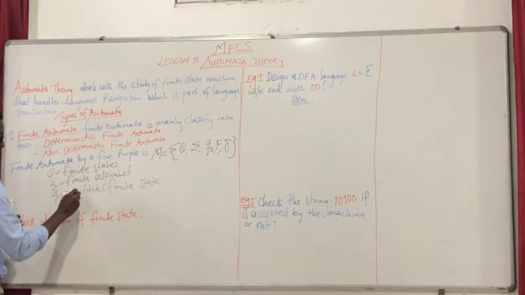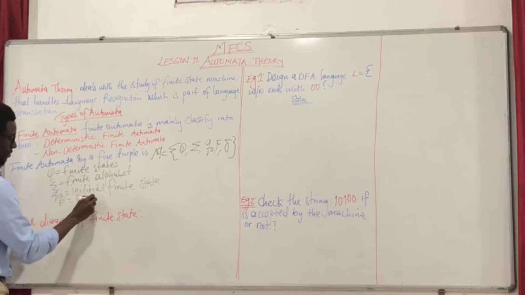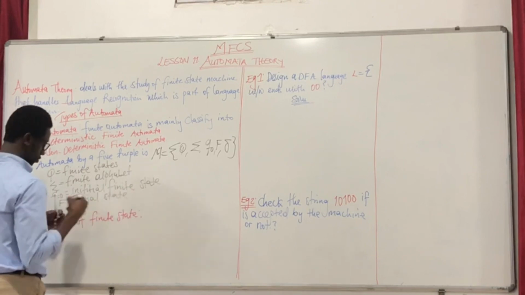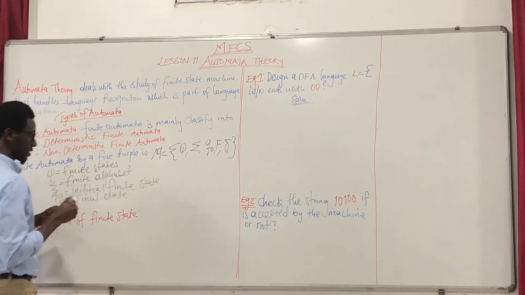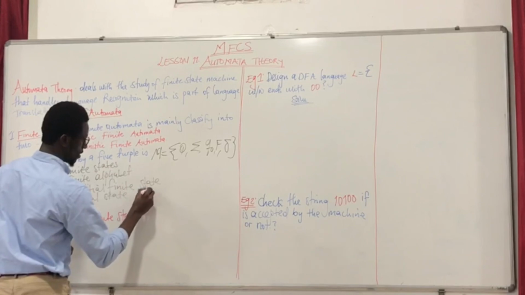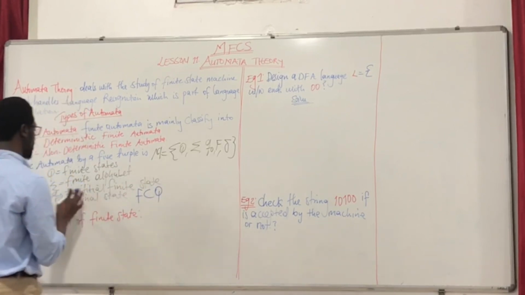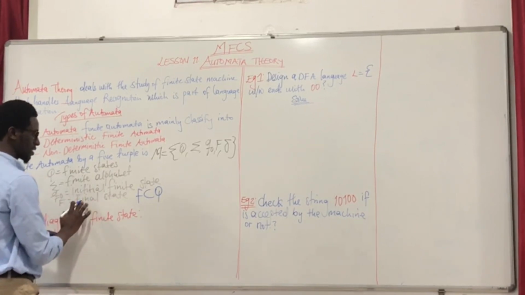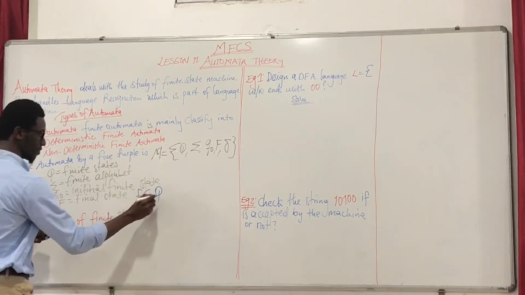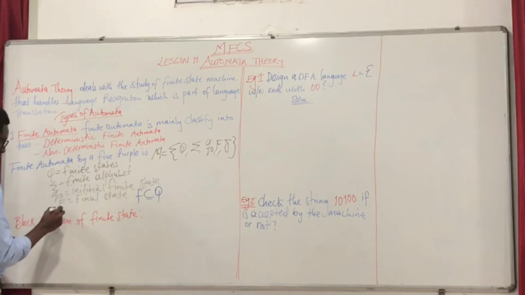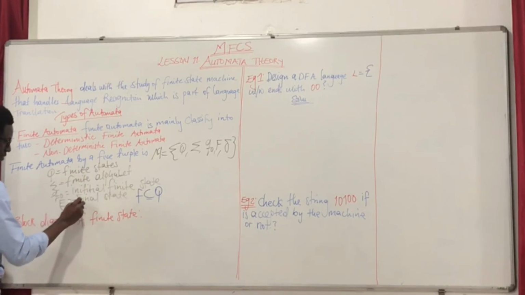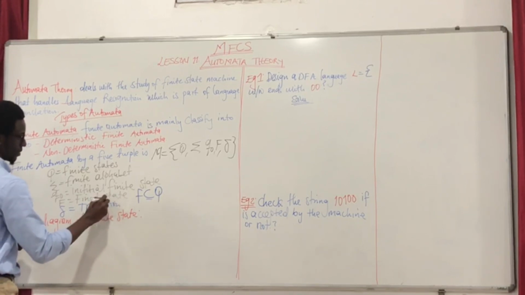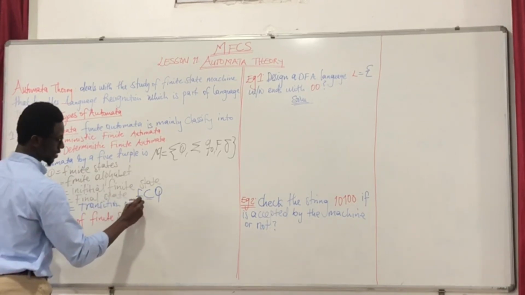F is our final state. Sometimes we refer to this as the finite states of these final states we have, because this is a final state, which is F. And of course, the last one is the transition of states.